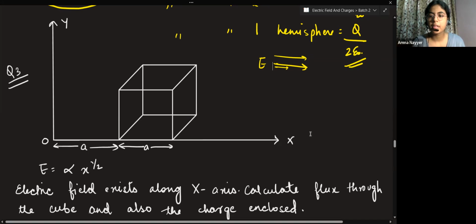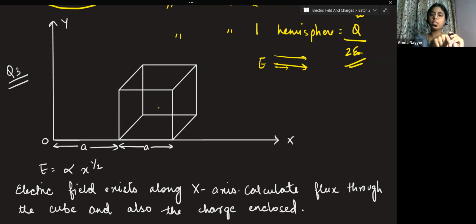So see, as I've told you, whenever we calculate electric flux, the first thing we have to check is the area vector. Let's check all the faces of the cube. For the front face, the area vector is directed outwards; if you drop a perpendicular, it will be outwards.